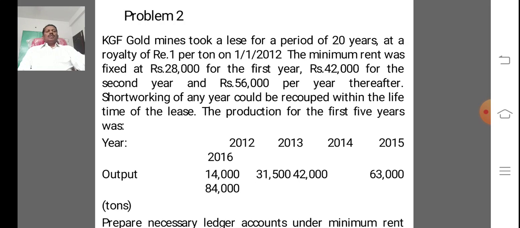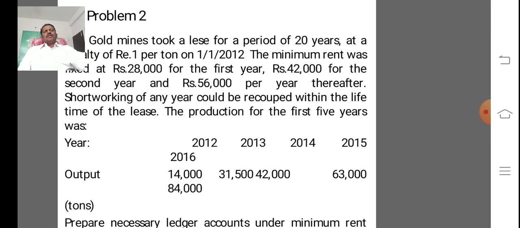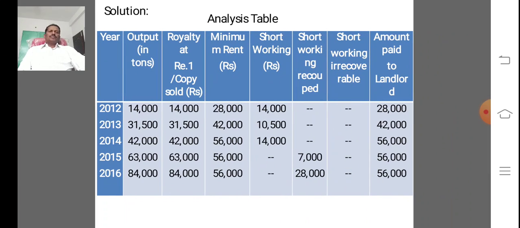Prepare the necessary ledger accounts under the minimum rent account method. So in this situation, first we prepare the royalty analysis table.